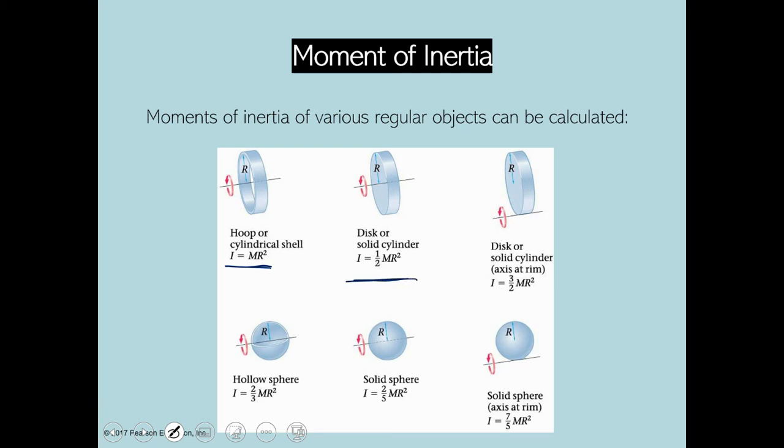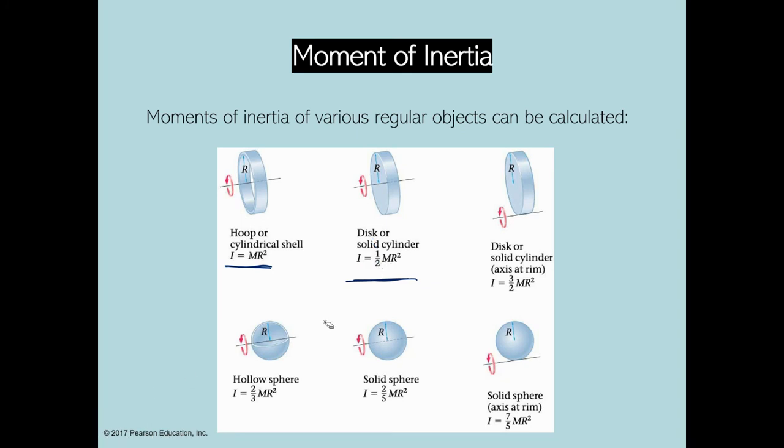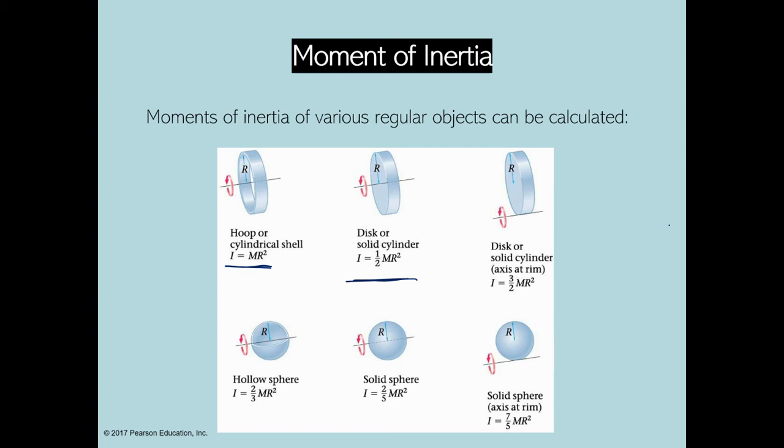Whereas if we have a solid hoop, I mean, a disc, we're going to add this 1/2 term. And you're not going to be able to see that later, so I should probably erase it. Okay. And I've included a few more, some spheres, hollow and solid. I've changed the axis of rotation, etc.